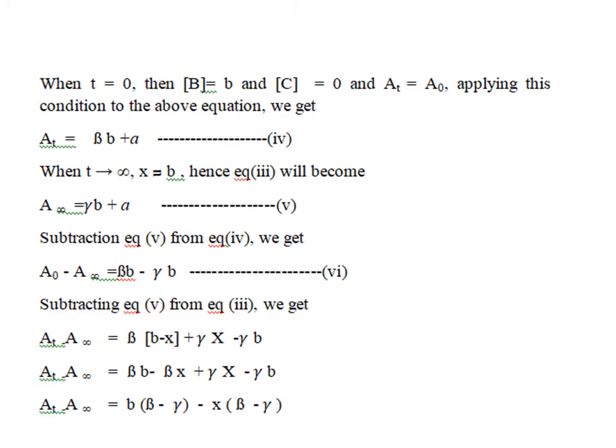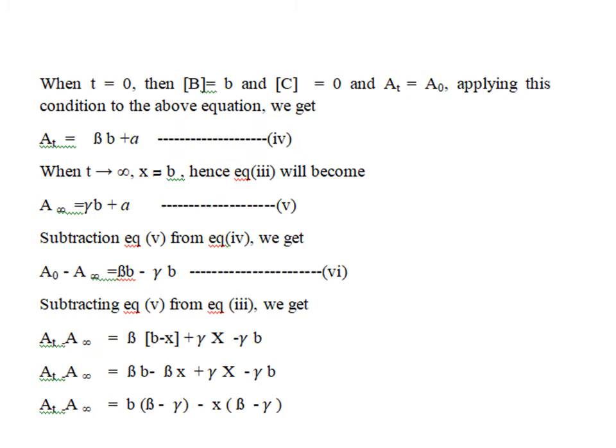That is, AT is equal to beta into B plus alpha. This is equation number 4. When T tends to infinity, X is equal to B. Hence equation 3 will become A infinity equal to gamma B plus alpha. This is equation number 5.